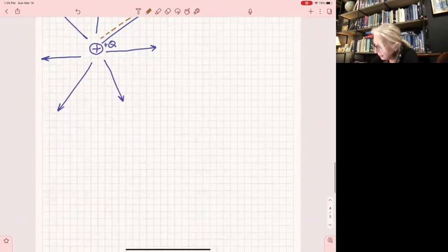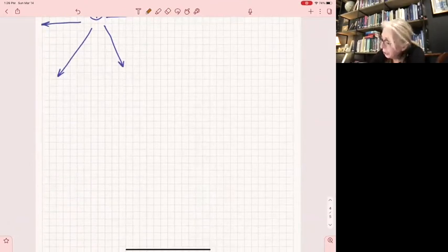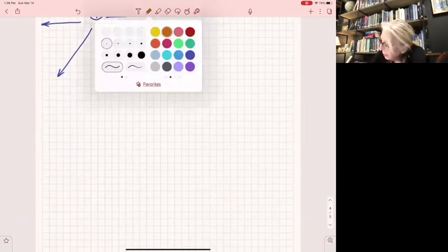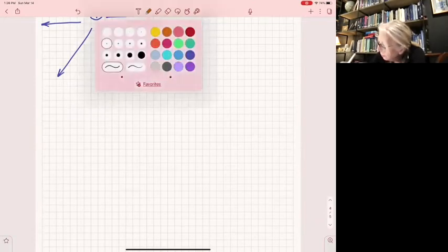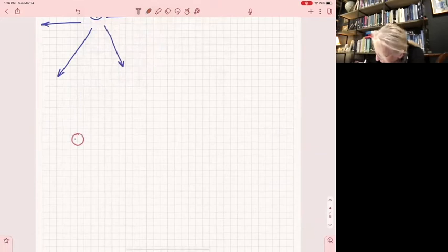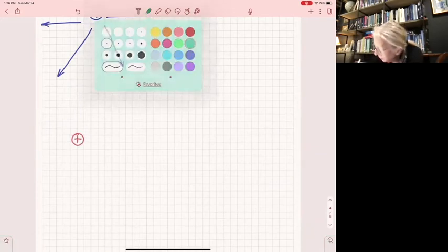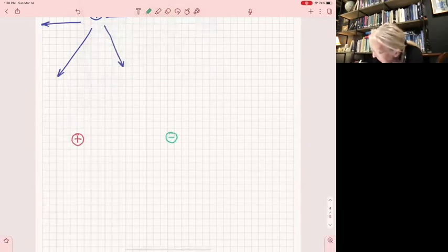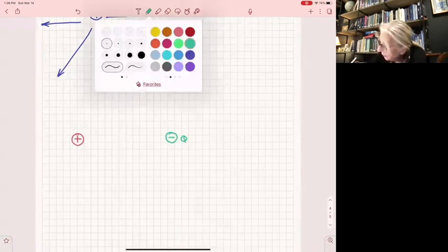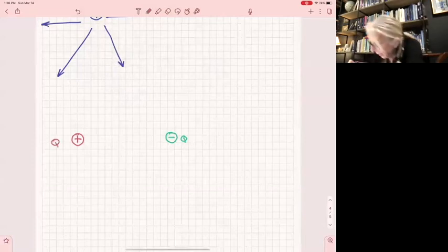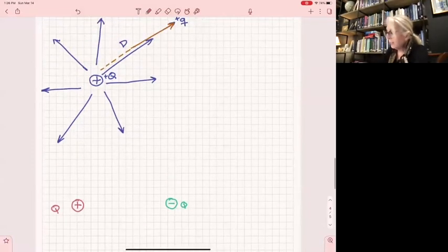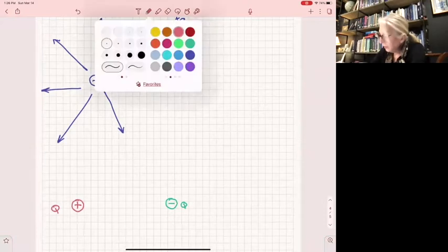Now, if there was a positive charge here, as you did before, and a negative charge equal to it, Q and Q. And you were a positive little charge, lower q, thrown in somehow in between the two.